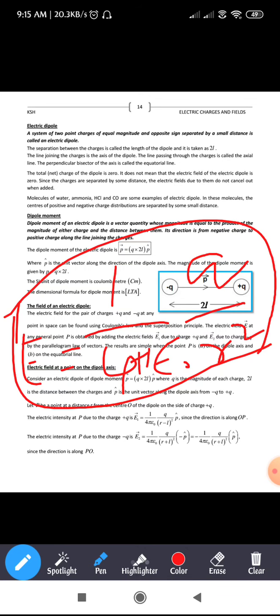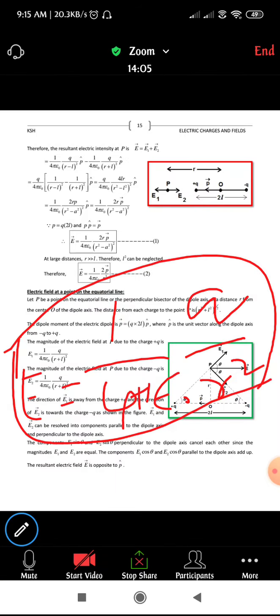Now I'll come to that figure here. You can see the electric field due to the positive charge, which is denoted by E1, is directed from which side to which side? It is directed from O to P. And you can see that point P is situated at a distance r from the center of the dipole, and the positive charge is situated at one end, right?